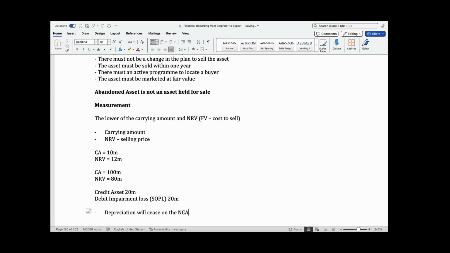Don't depreciate it again. The reason is that your intention now is to sell the asset, not to use it. It's only an asset that you are using that you depreciate. An asset that you want to sell, you don't depreciate it. So depreciation will cease on that non-current asset.